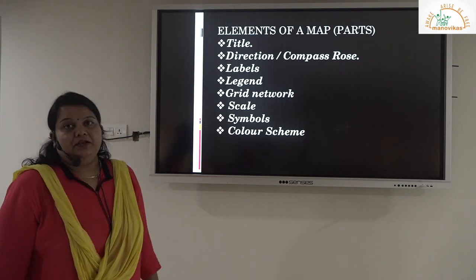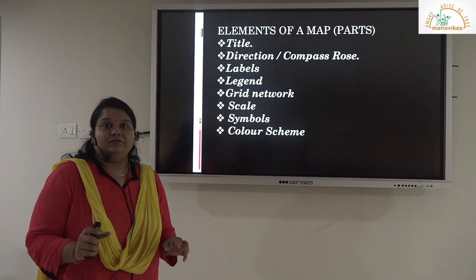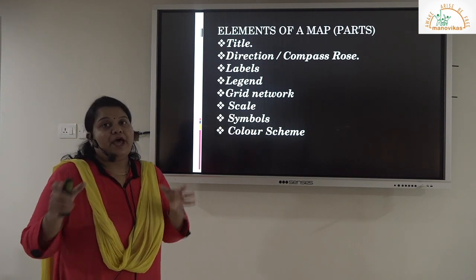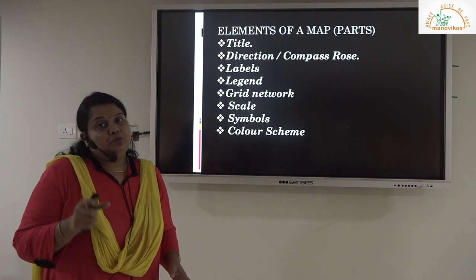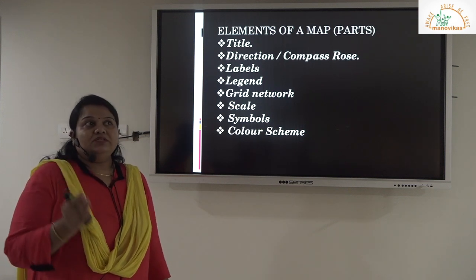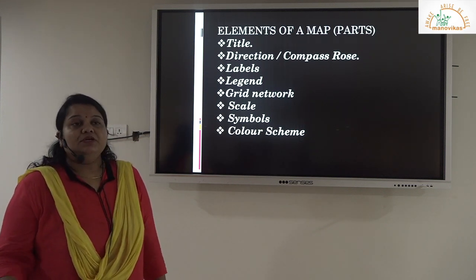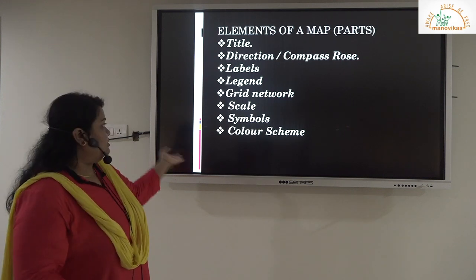Then we have scale. Now, what is a scale? Scale helps you to understand the actual distance between two particular places on the ground. So if the scale of the map is 1 centimeter is equal to 10 kilometers, 1 centimeter on the map represents 10 kilometers on the ground. So scale is given.